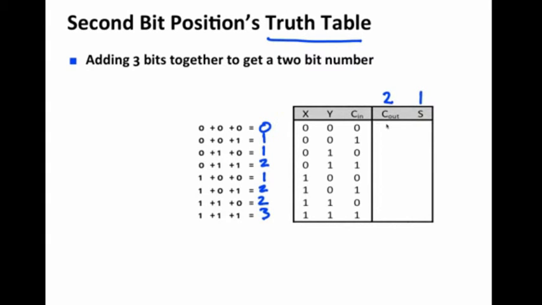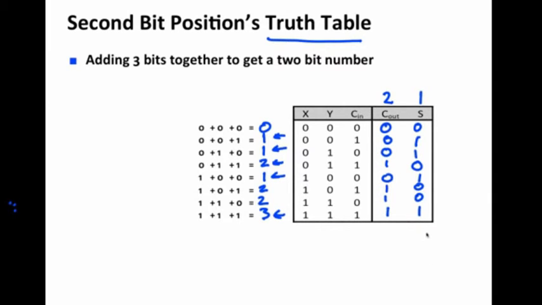To represent 0, I set both carry out and sum to be 0. To represent 1, I'm going to set sum to 1 and carry out to 0. To represent 2, I can set the carry out to 1 and the sum to 0. And to represent 3, I need to set both the carry out and the sum bit to 1.